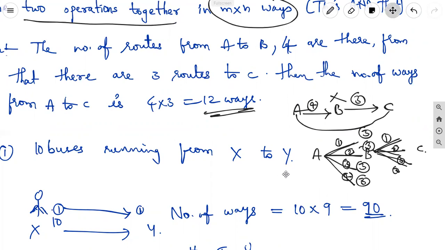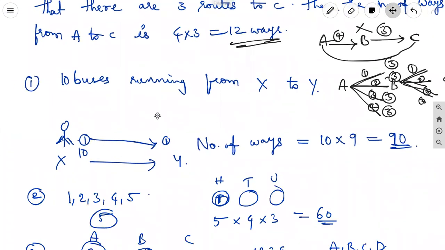One more example: if there are 10 buses running from A to B stations, a person uses one of the 10 buses to go from one place to another, but in returning, he cannot use the same bus. In that case, how many ways are there? A person going from X to Y can use any of the 10 buses.